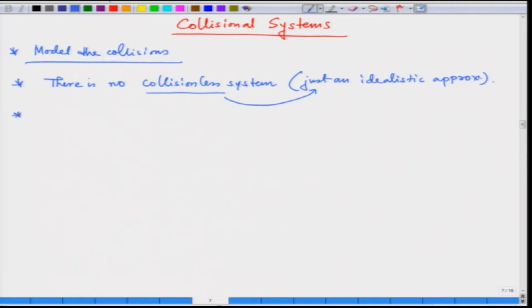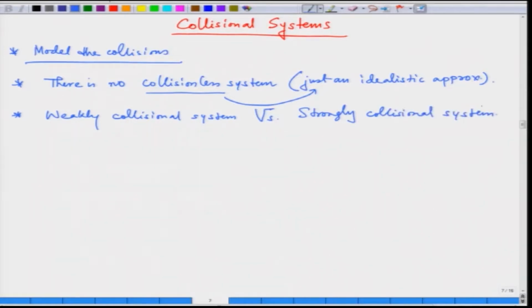We have only weakly collisional systems and strongly collisional systems, or normal collisional systems.